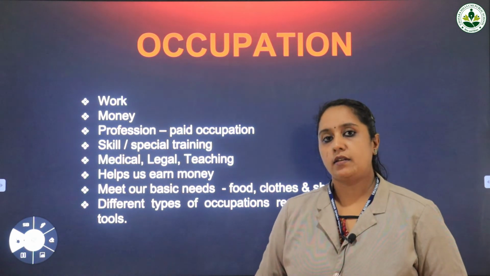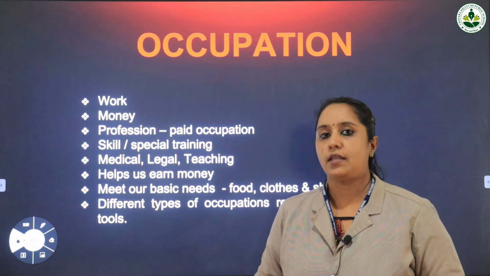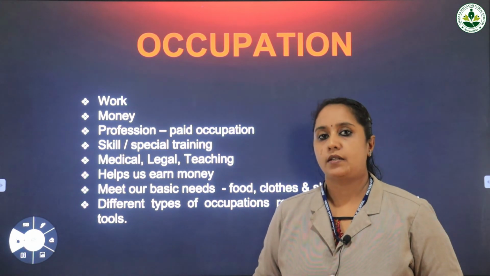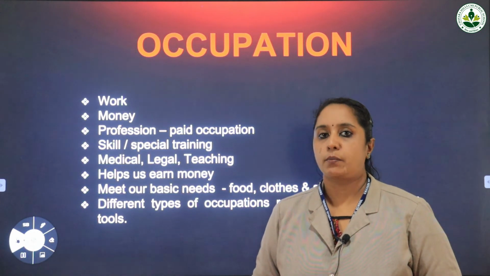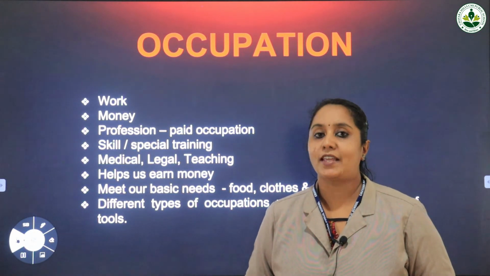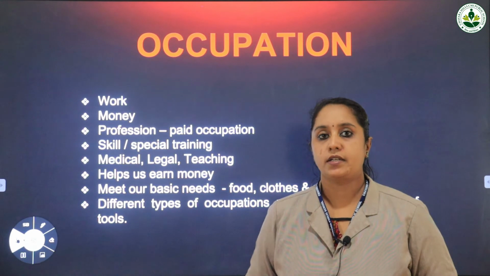Now for teaching we go to schools and colleges and we learn the subjects. So each and every occupation needs or gives us specific training and we are able to do the job and we get money. So the most important thing is to earn money to meet our needs.